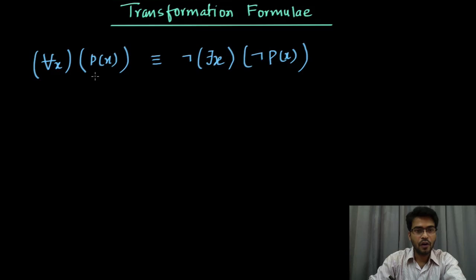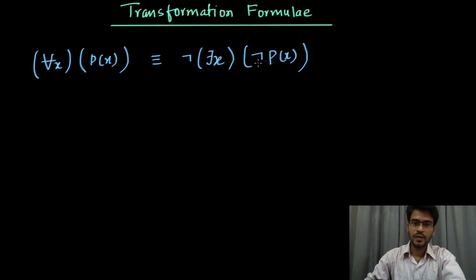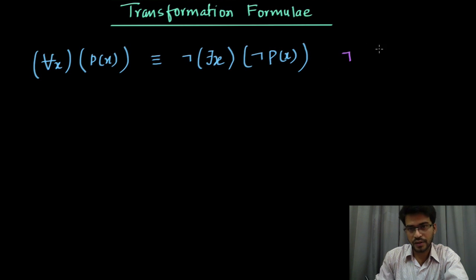It is: for all x, P(x) is equivalent to not there exists x, not P(x). There is a trick to understand this. When the negation sign moves right past a quantifier, any quantifier, it changes the quantification type. That is, when the negation sign moves right past there exists, it becomes for all and not.